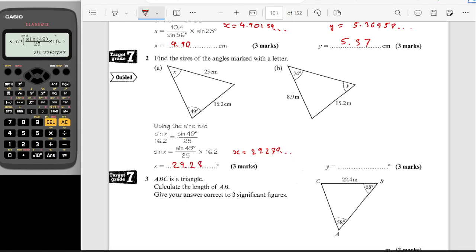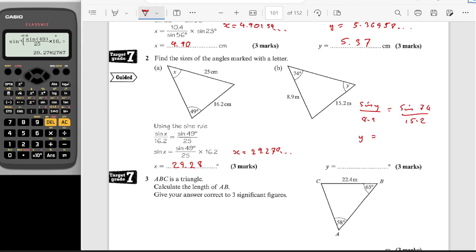And then for this one, I would go sine of y over the opposite side, 8.9, is equal to the sine of 74 over 15.2.